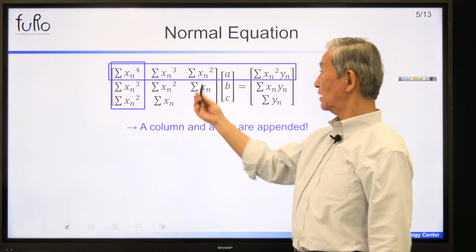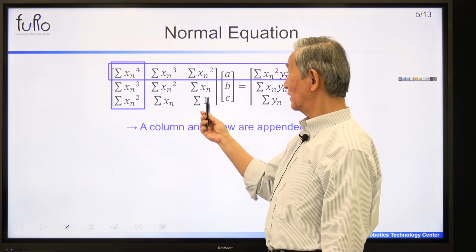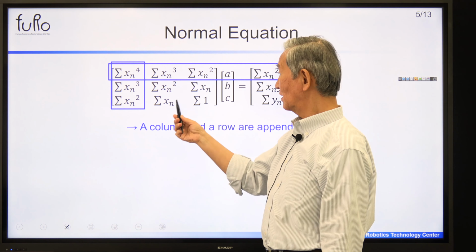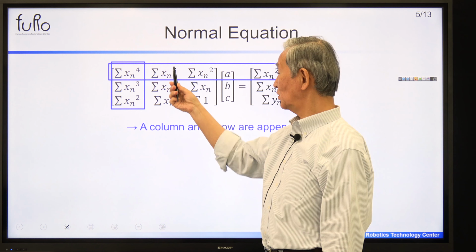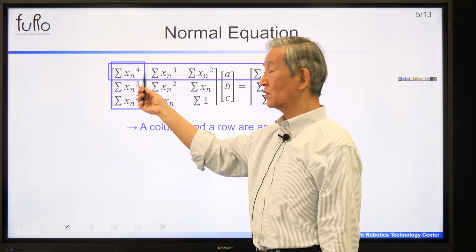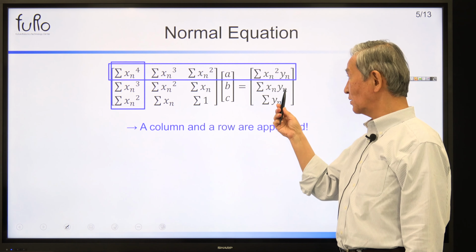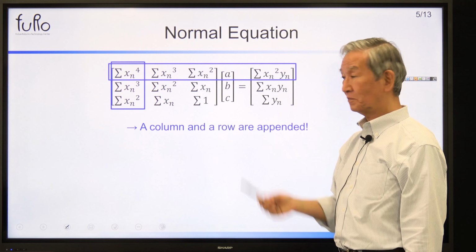And how we generalize is obvious here, right? 1, xn, xn squared; xn, xn squared, xn cubed. The other way around is also true. So therefore, that is going to be xn to the fourth power. And here, y, xy, so therefore x squared times y.